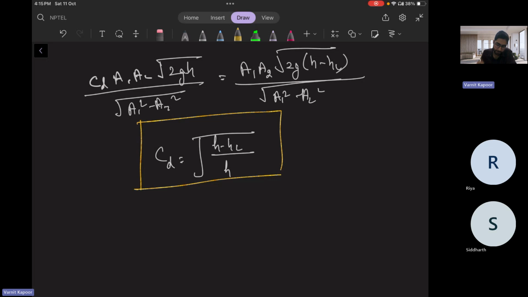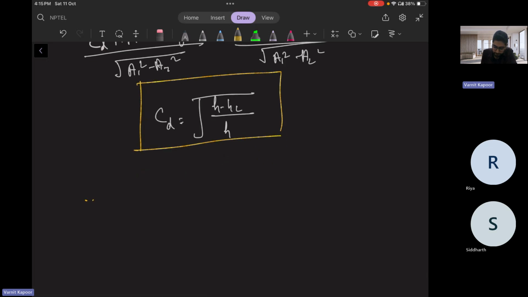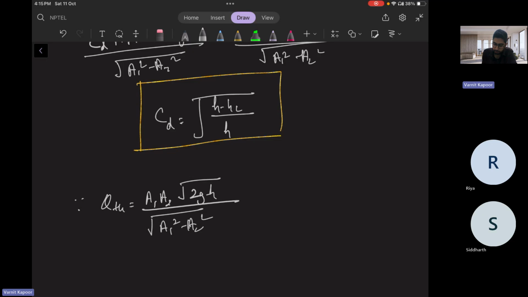Since my Q theoretical was A1 A2 root 2gh by under root of A1 square minus A2 square, this is my Venturi constant, let us say.